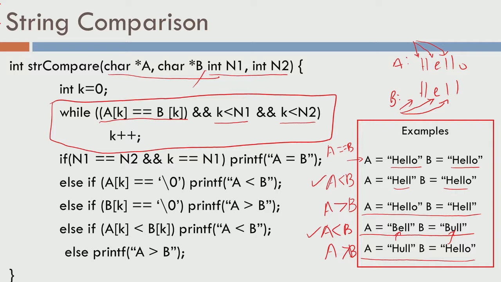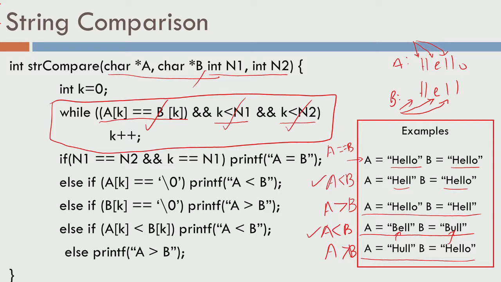So now let us go and see. There are three ways in which you could have come out of this loop. Either you violate this condition, or this condition, or this condition. You could have come out because of violation of any of these.